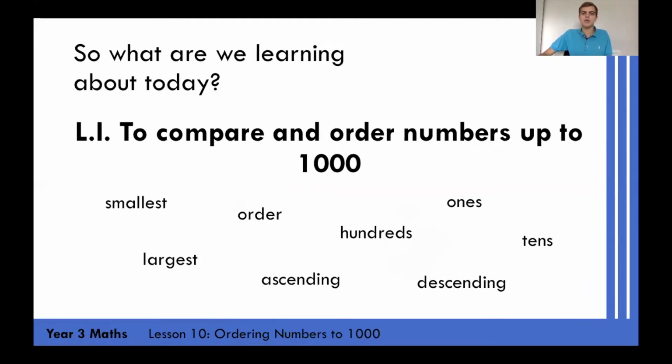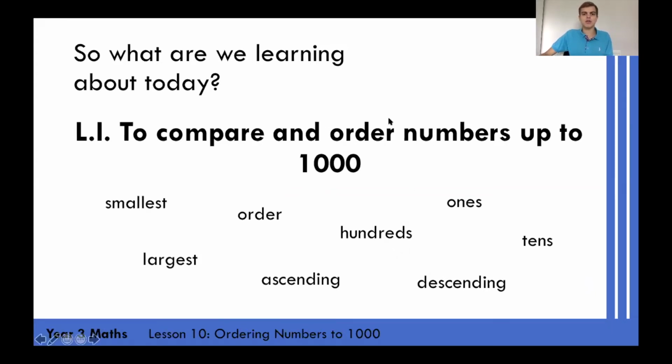Well, today we are going to continue from our last lesson together and compare and order numbers up to 1,000. Now, yesterday we looked at the comparing, didn't we? And we looked at our signs, more than, less than and equal to signs, to be able to compare numbers, to be able to find out which number was the largest, which number was the smallest.